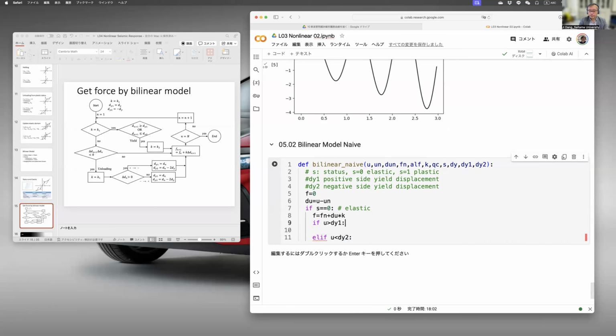Else if. So if one of them does, then I would say s equals 1 becomes plastic, and f1 is equal to fn plus d1 minus un.